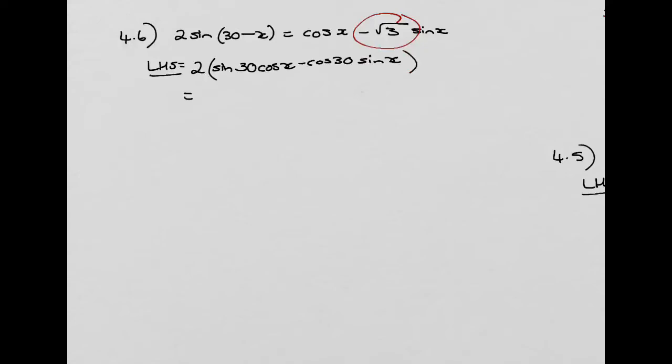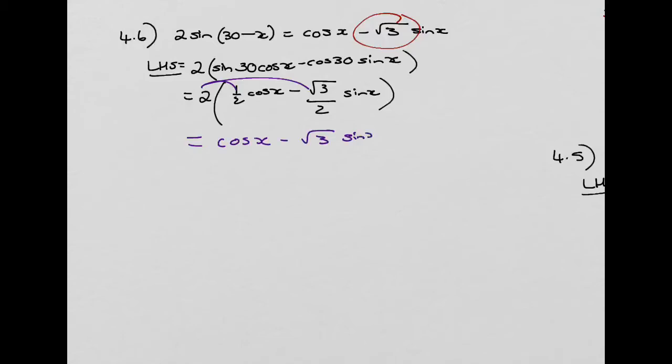Alright, so once we expand, we have the sine 30 and cos 30, which will be special angles, which are as follows: half and root 3 over 2. Then we're going to distribute the 2 in, and you're going to see that you're going to be left with cos x minus root 3 sine x, because the 2's will cancel from the denominators with the multiplying the 2 in, and that is your right-hand side.